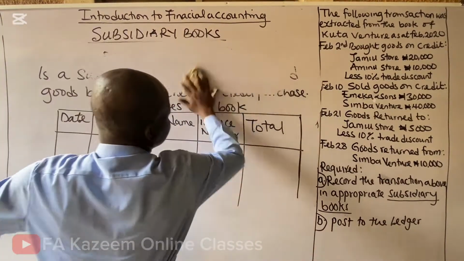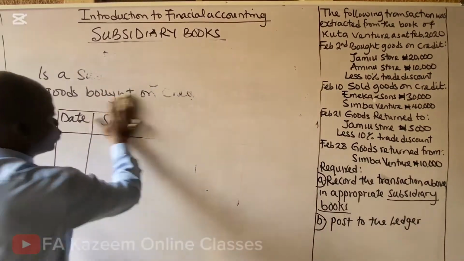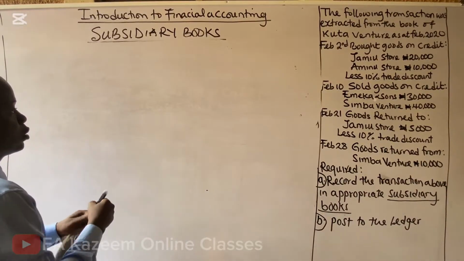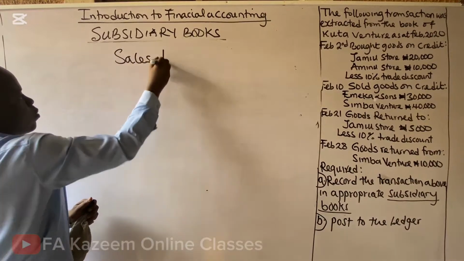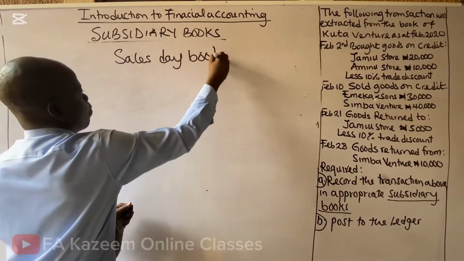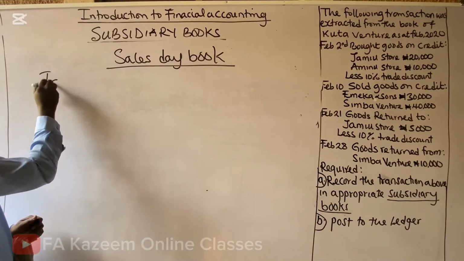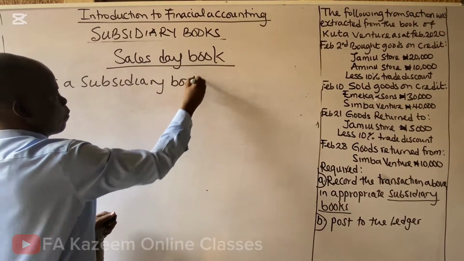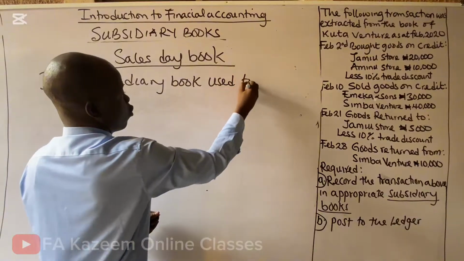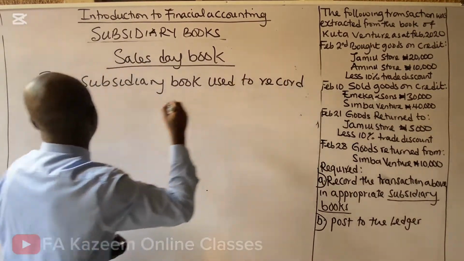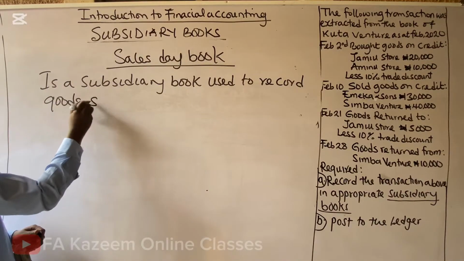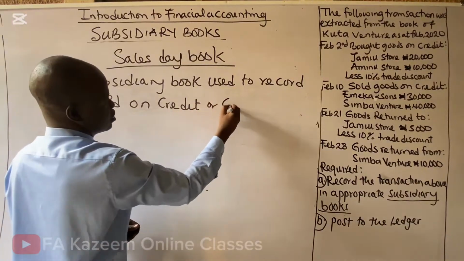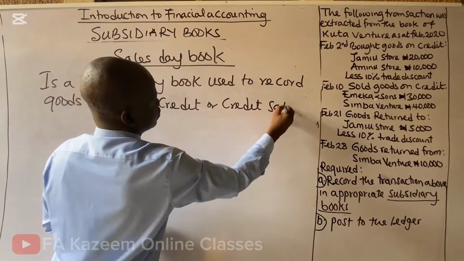Let's look at the sales day book. The sales day book is a subsidiary book used to record goods sold on credit, or we say credit sales.